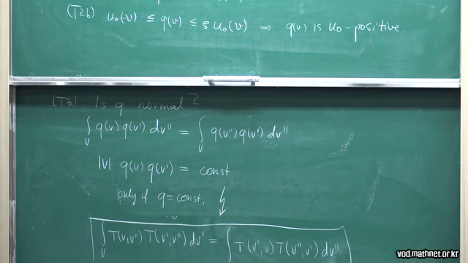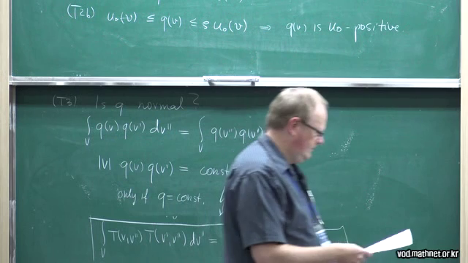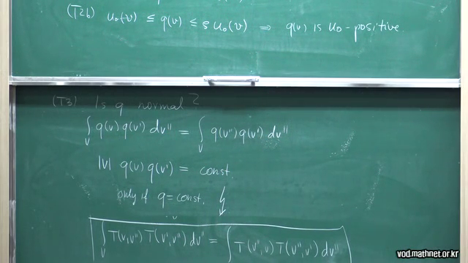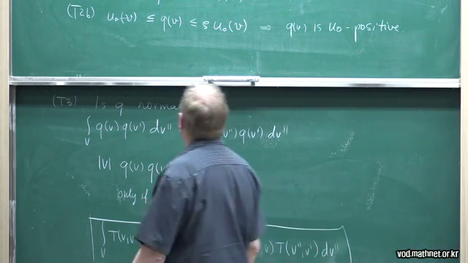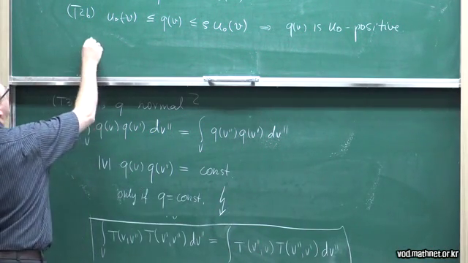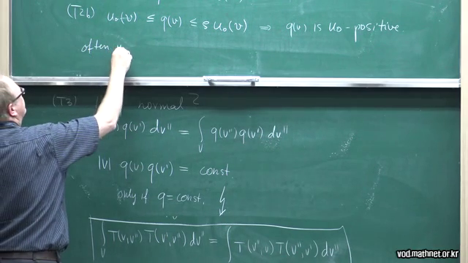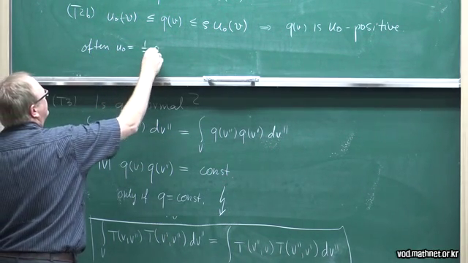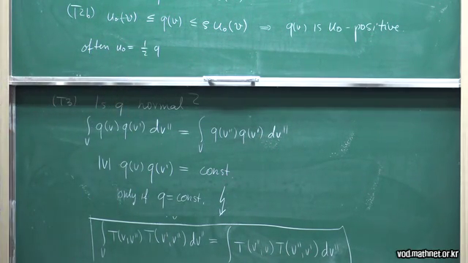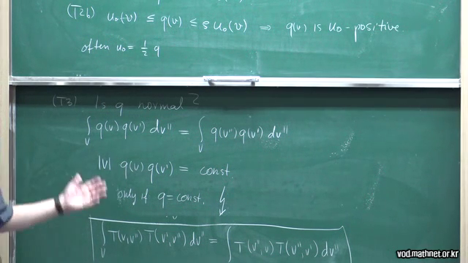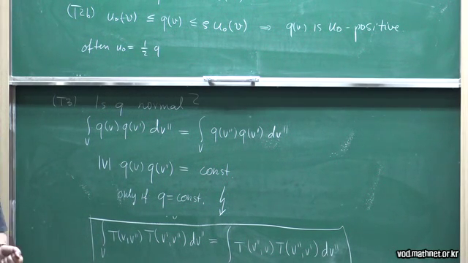So it must be a positive function. For example, the simplest choice is that you can choose U0 to be maybe 1/2 Q or something, if Q is in the positive cone. Then this would already work.